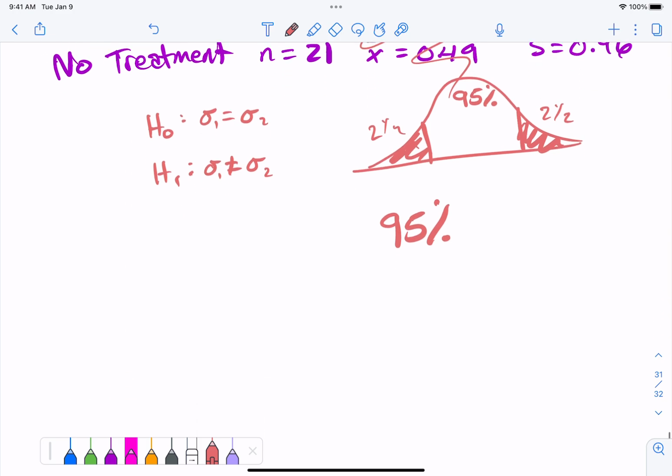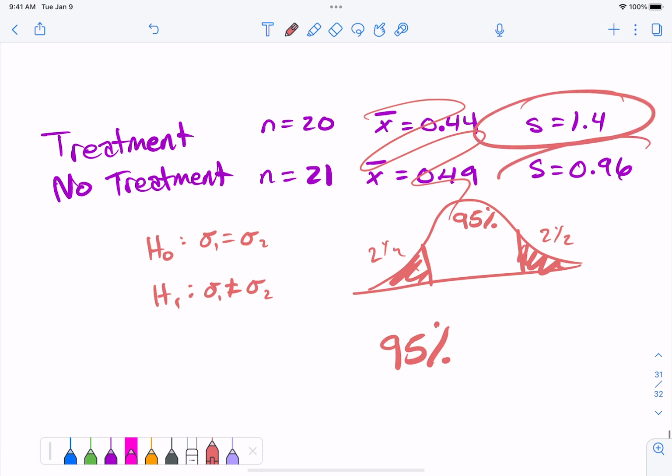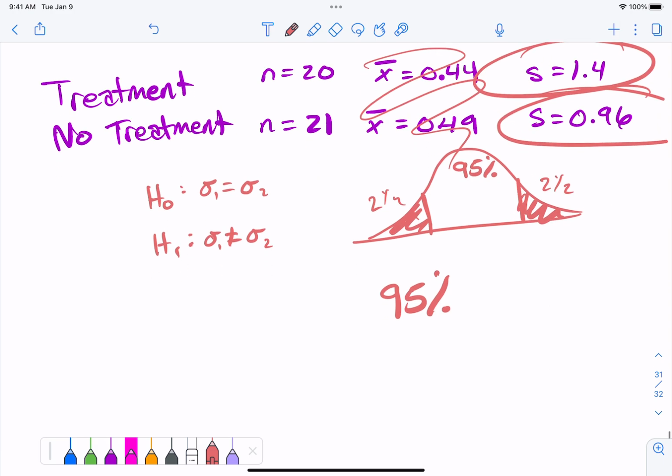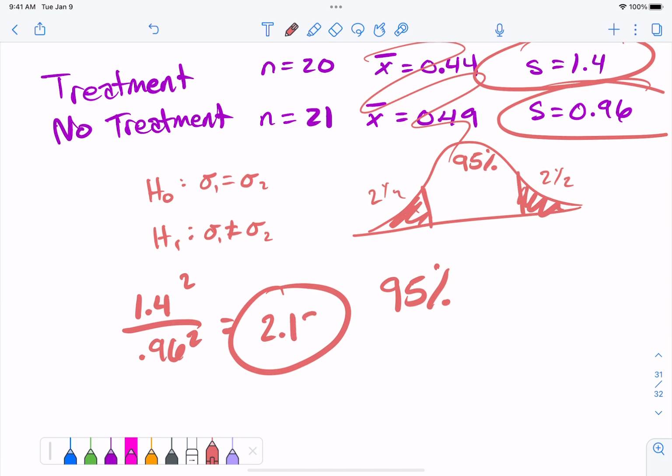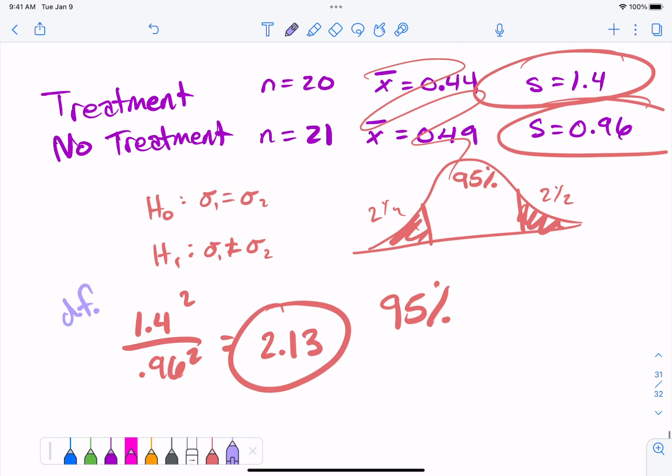But I need two more pieces of information. Which standard deviation goes on the top, 1.4 or 0.96? 1.4 squared over 0.96 squared. That's going to be your critical value, 2.13. Now, the degrees of freedom for 1.4 was 19.